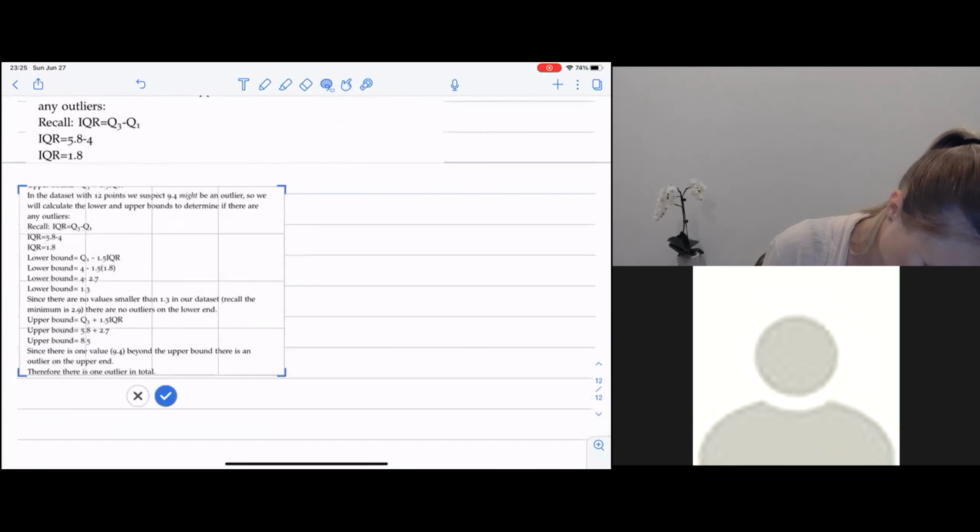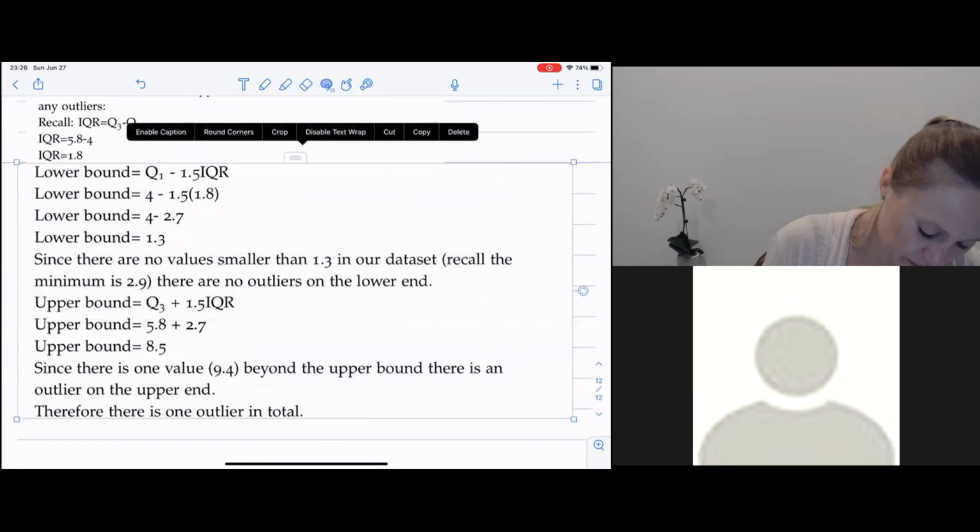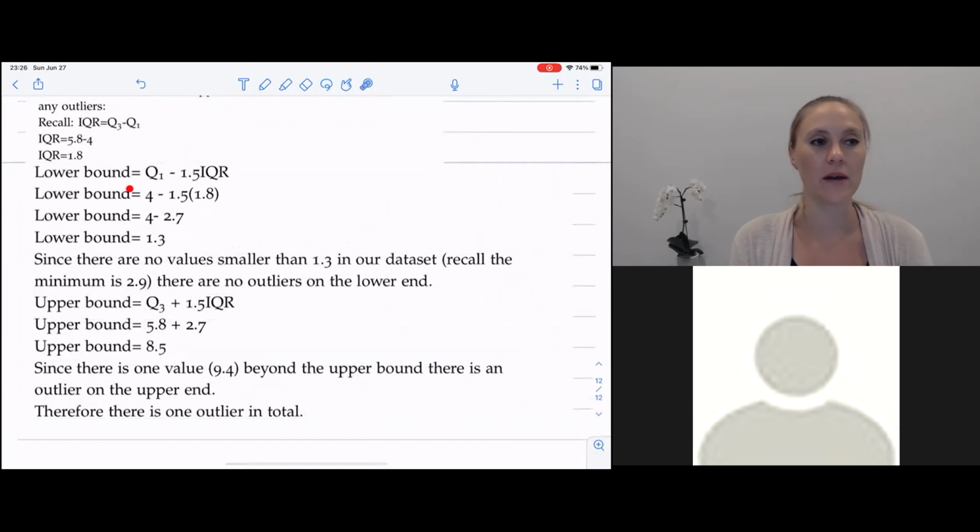So the lower bound, which is Q1 minus 1.5 times the interquartile range, 1.5 times 1.8 is 2.7. So 4 minus 2.7 is 1.3.